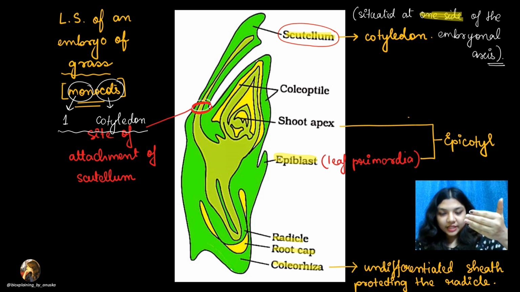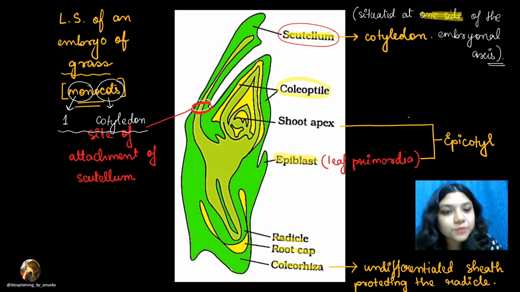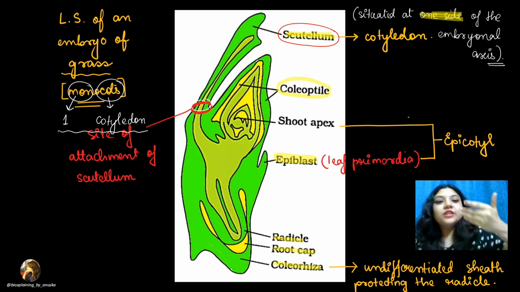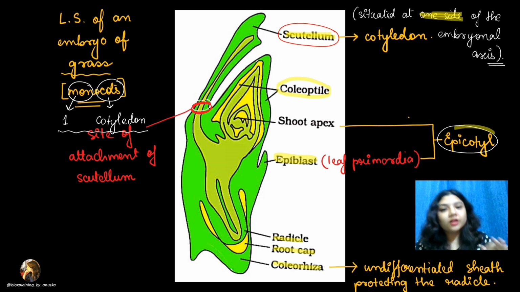And above that, what do we have? Above the site of attachment of the scutellum, you have the coleoptile. What does this coleoptile do? The portion of the embryonal axis above the site of attachment of the scutellum is the epicotyle, and this epicotyle is covered or protected by the coleoptile. I guess we are good to go.